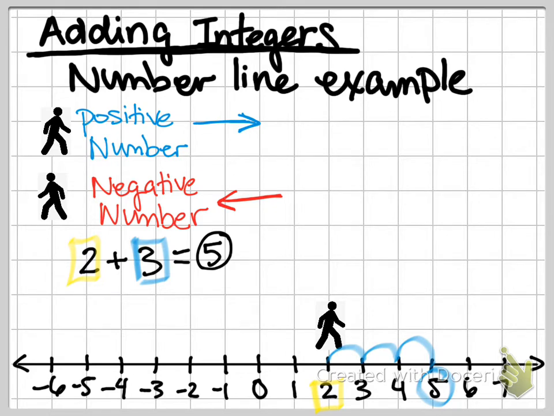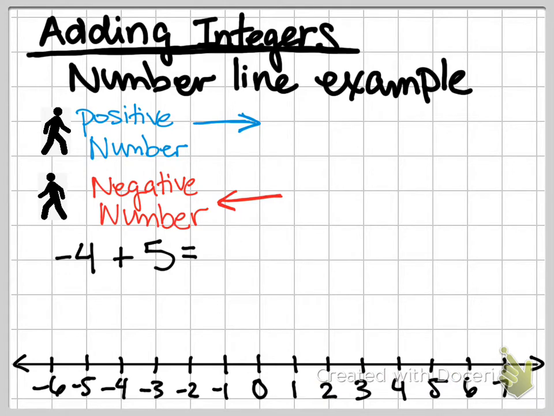Let's see what happens when we have some negative signs. Okay, so here's our new problem. We've got -4. That's our starting position. And then we are adding +5. And remember that the sign of that number tells us what direction our person is facing.